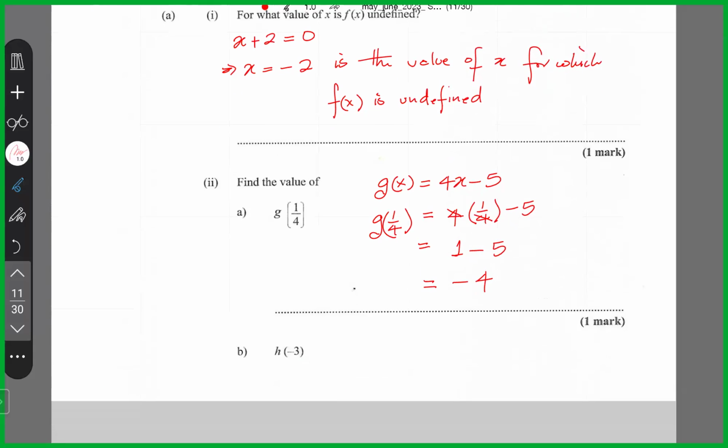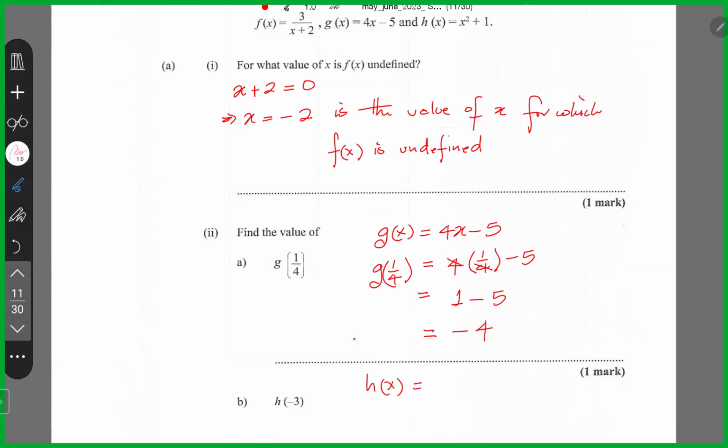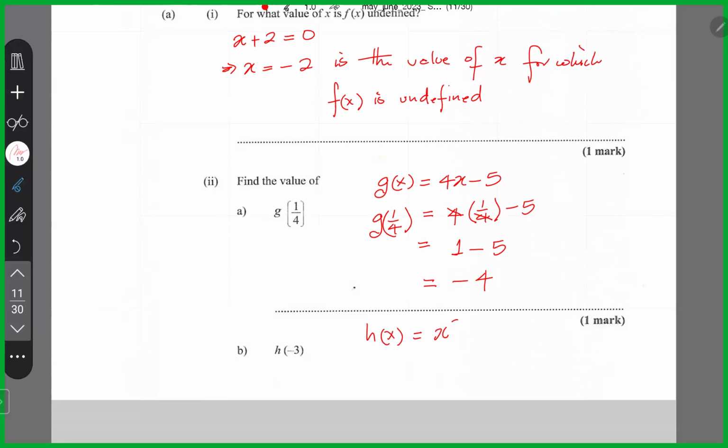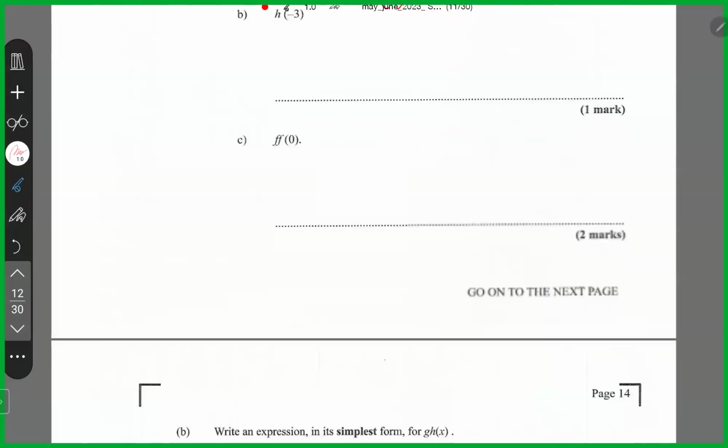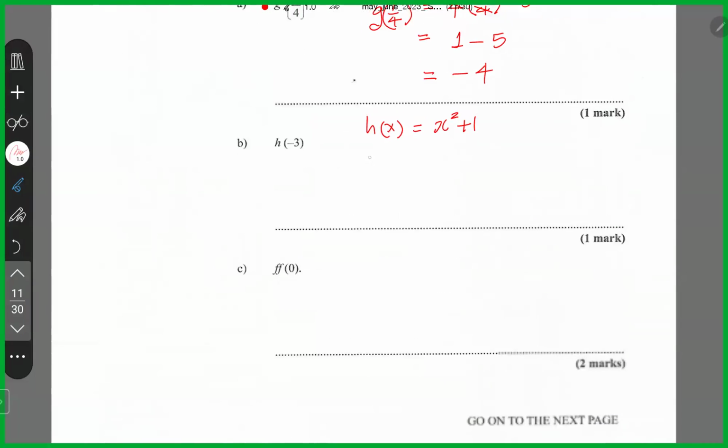Now h of x is equal to x squared plus 1. And we are asked to find h of minus 3. So h of minus 3 is saying in h, wherever I see x, I must replace x with minus 3.